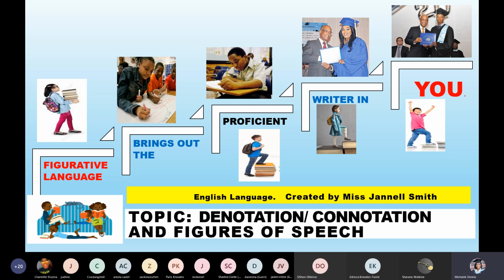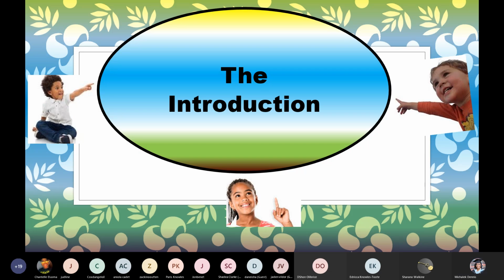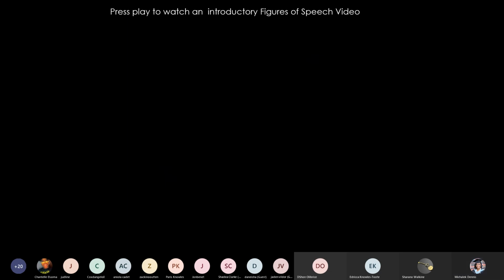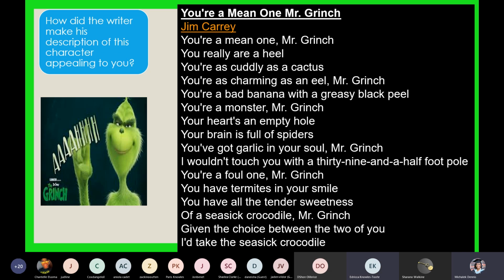Okay, what slide are we on now? That's the slide after the song. I think that's slide 3. Okay. I think that's slide 4 because the song was slide 3. So the lyrics right here.